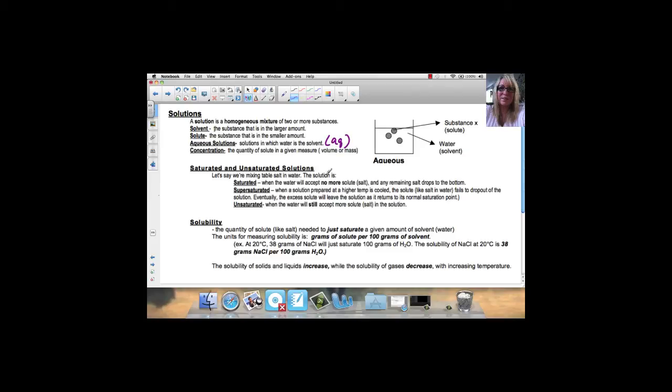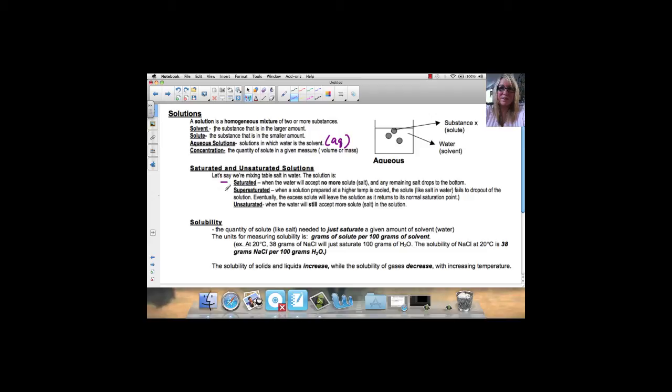Concentration is the amount of solute per unit volume. We have three types of solutions. Saturated, that's when we're looking at table G, I sat on the line. When water will accept no more solute, it can hold all that it can possibly hold.